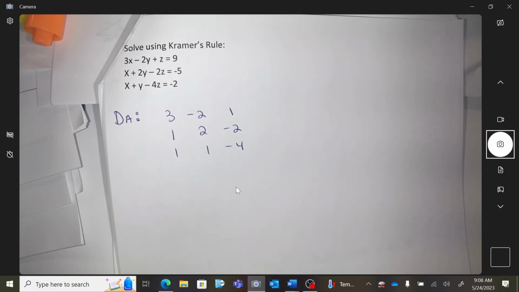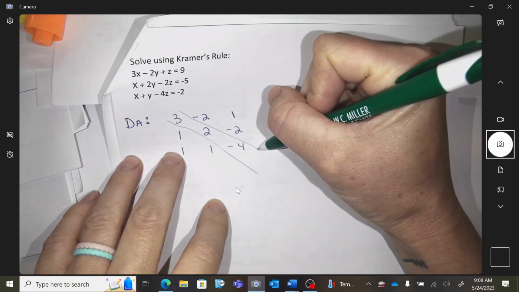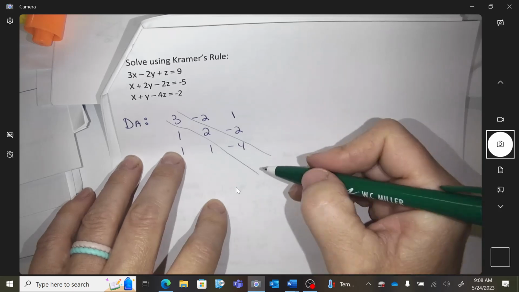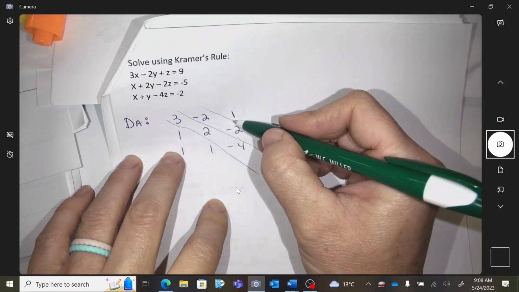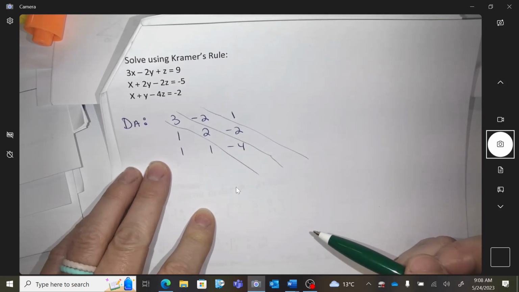Okay, this one's a little bit different now. Because there's 3, we have to make diagonals with 3. So this one works. But do you see how this diagonal only has 2 components?